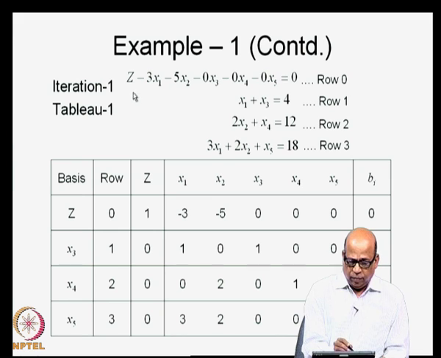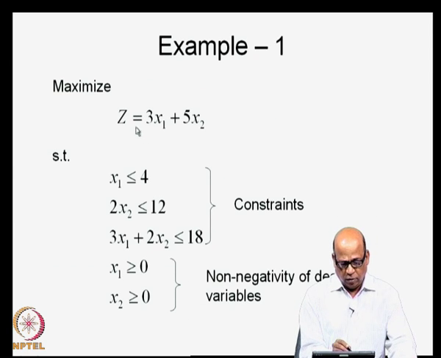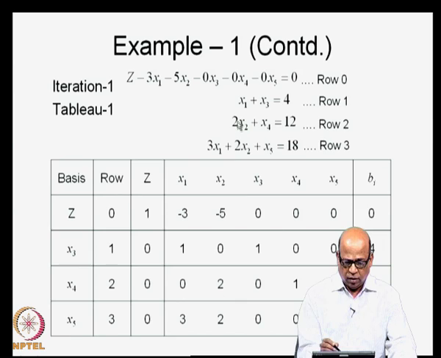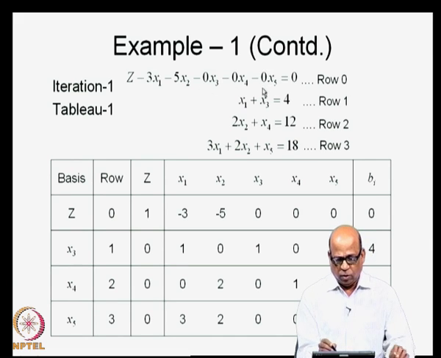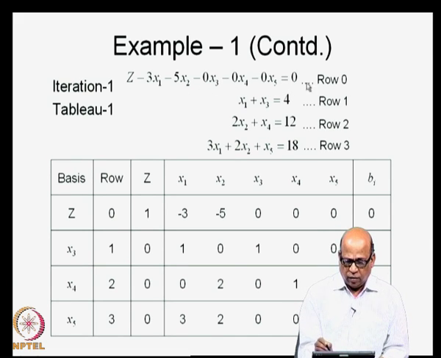As I mentioned, the objective function itself we write as another equation. Your objective function was z is equal to 3 x 1 plus 5 x 2. What we do is write it as z minus 3 x 1 minus 5 x 2 minus whatever slack variables you have used with 0 coefficients as the first row.